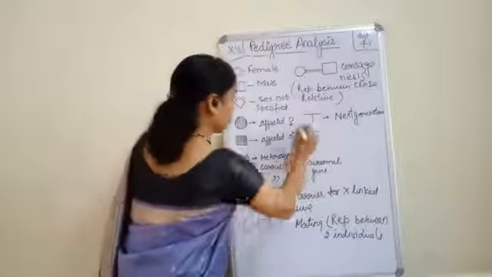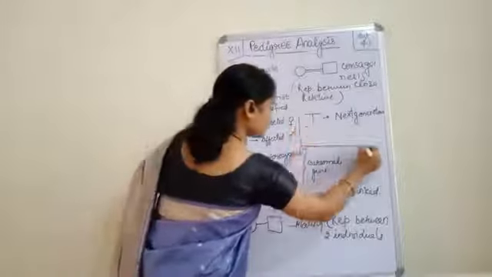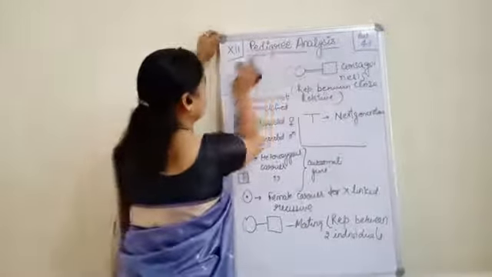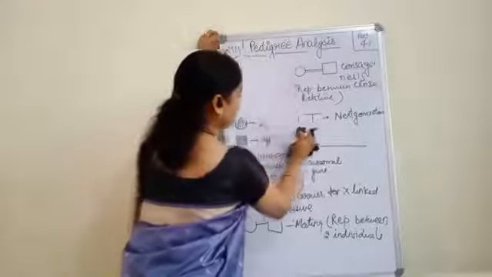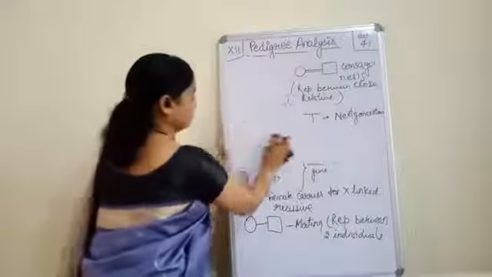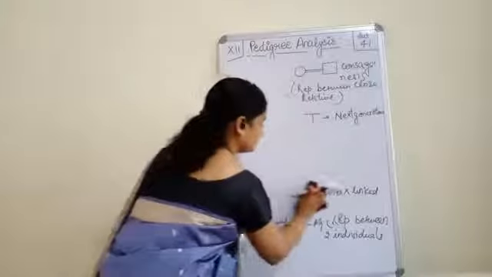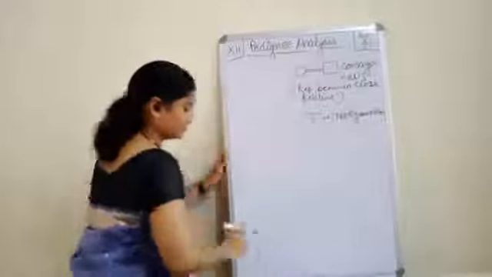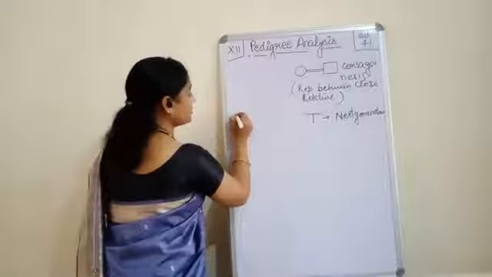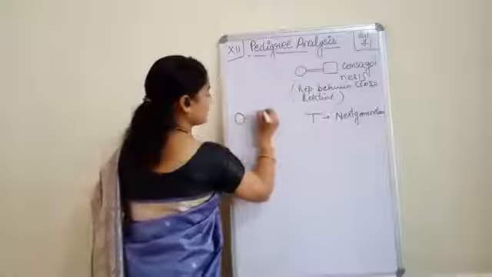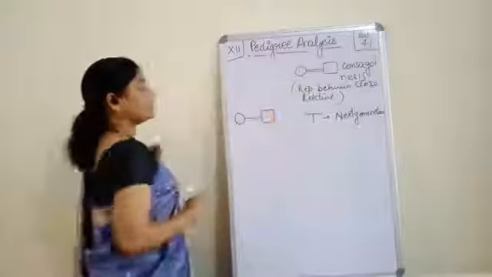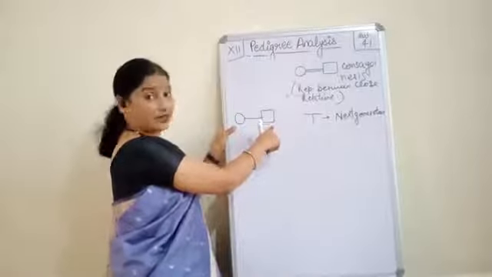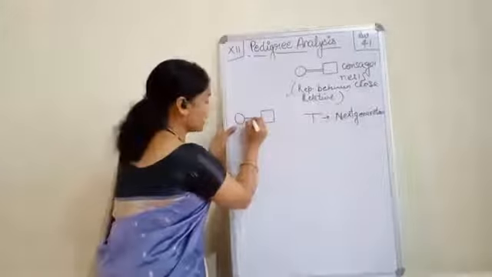Now I have to draw a few more, so I am erasing this one. Suppose I draw this, so this symbol means female and male, and they are reproducing.